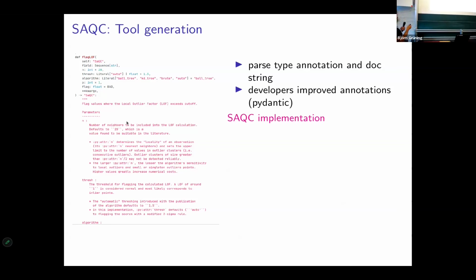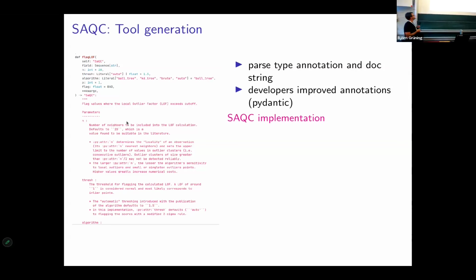So what we basically do is we parse the type annotation of the Python functions and translate it to Galaxy parameters. So there is an integer parameter to this function, so that this gets an integer parameter of the Galaxy tool, and so on and so forth. And we also parse the help and generate help for the Galaxy tool automatically.